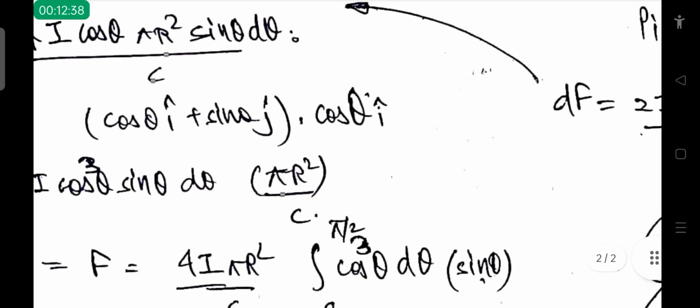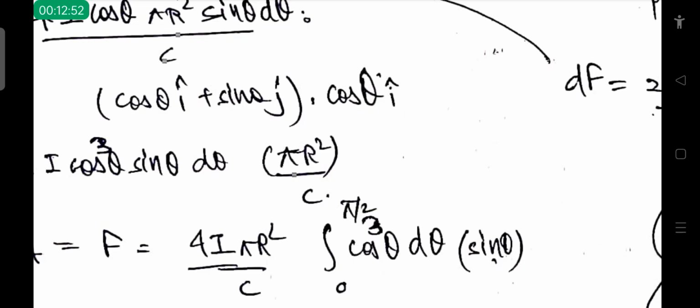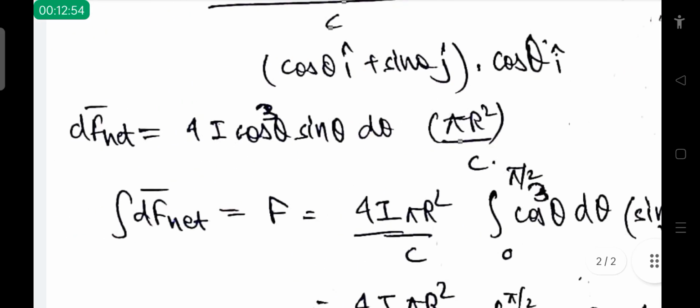I have written the dot product of this with cos theta i cap. If we see, the dot product makes sense, because then the vertical component will get nullified, because j dot i is 0 and i dot i is 1.